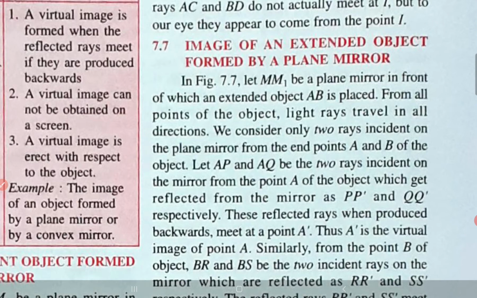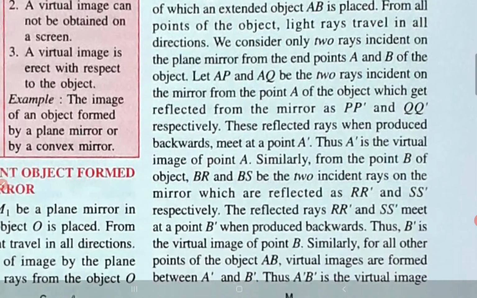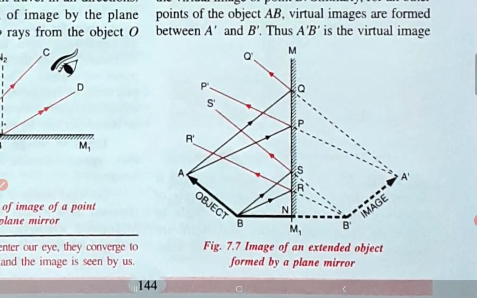This diagram is quite similar to the previous one, because in the previous diagram we had just taken one point, so two rays were taken and it had two reflected rays coming out from the image I. But here we have A dash. Since it is extended, I need to take rays from the other point as well, so I have to repeat the step two times. I have made a small clip for this diagram also.